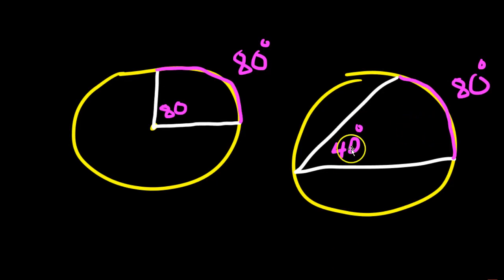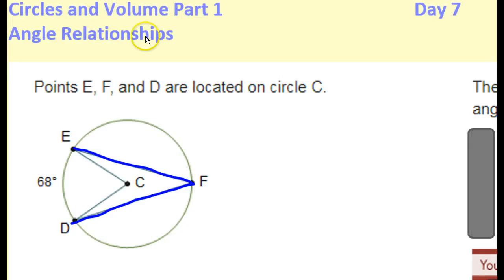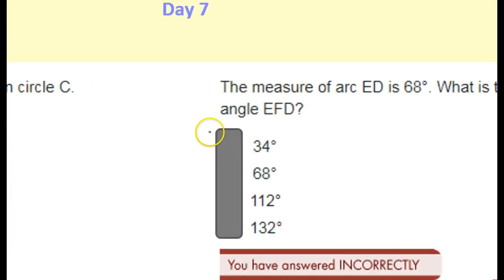This is the situation where the angle is half of the intercepted arc, and this is the intercepted arc. So the angle should be half of this, so that should be 34. So that's it. The answer should be 34 degrees. Nice.